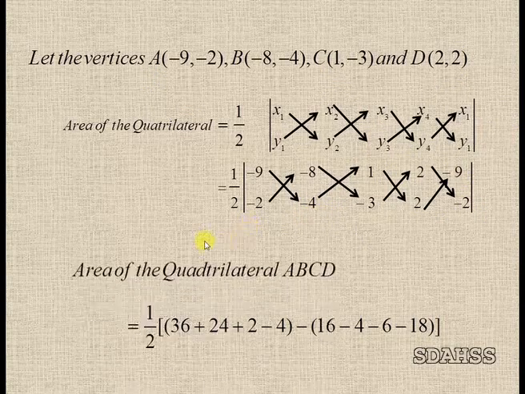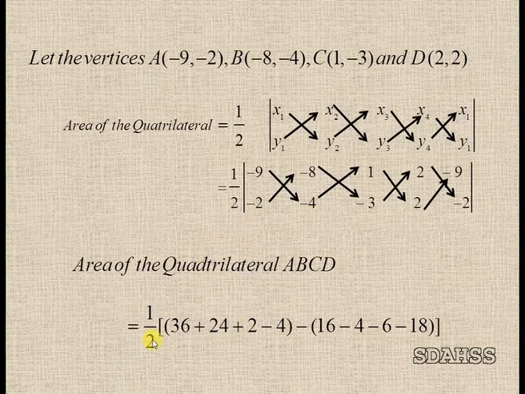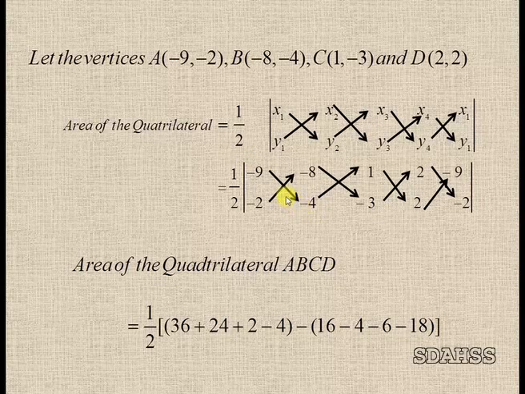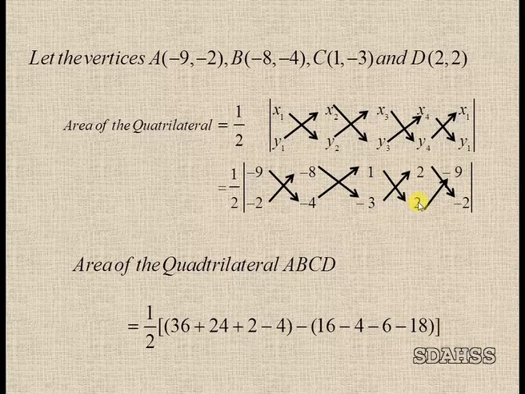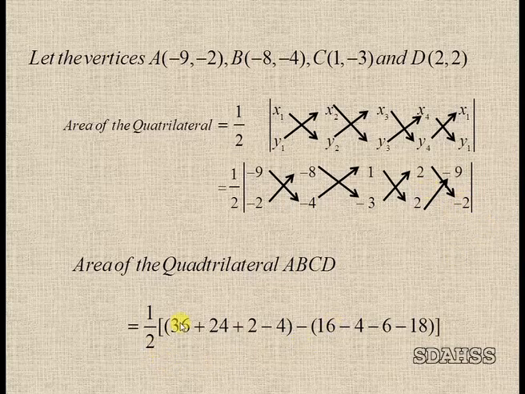Then multiply. Cross multiply: minus into minus plus, 9 4s are 36; minus into minus plus, 8 3s are 24; then 1 into 2 is 2, 2 into minus 2 is minus 4. 36 plus 24 plus 2 minus 4.